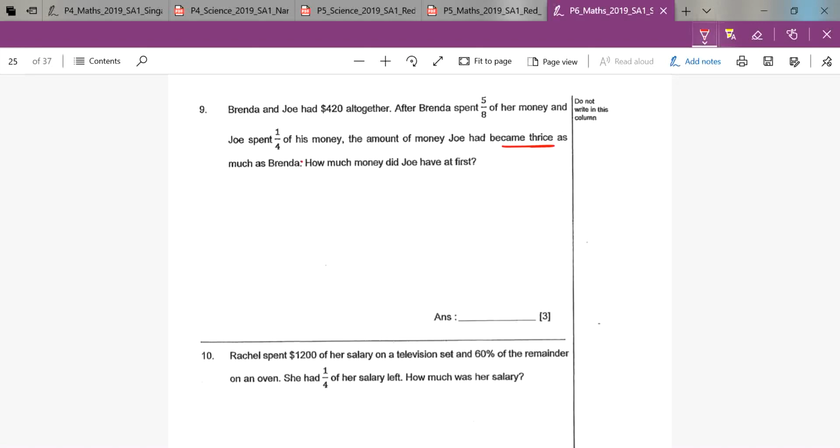Let's take it as 3 units. And 3 units is basically 1 part over here. Joe has 3 times as much as Brenda, which means I'll have 3 parts. 3 parts is basically 9 units.